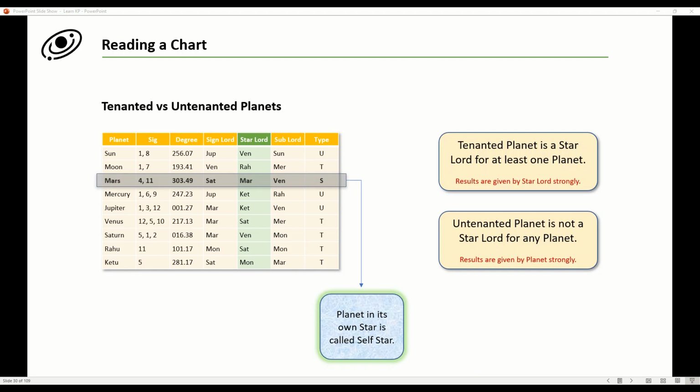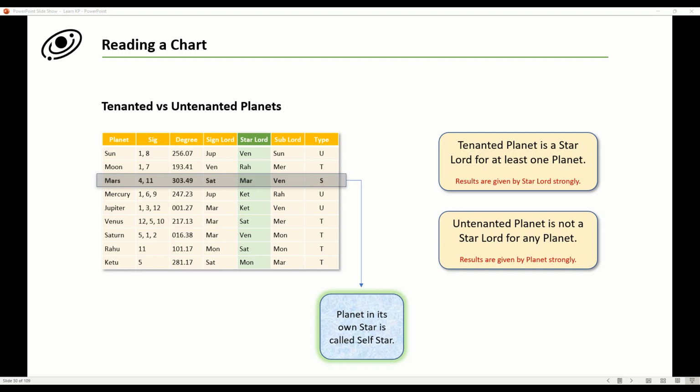There is no particular ratio defined between a planet and a star lord in terms of results anywhere, but I'll give you a formula which you can apply to get started. You can pretty much apply the 80-20 principle here, but the ratio will change depending on the context. In the case of a tenanted planet, you can say that 80% of the results are given by the star lord and 20% of the results are contributed by the planet.